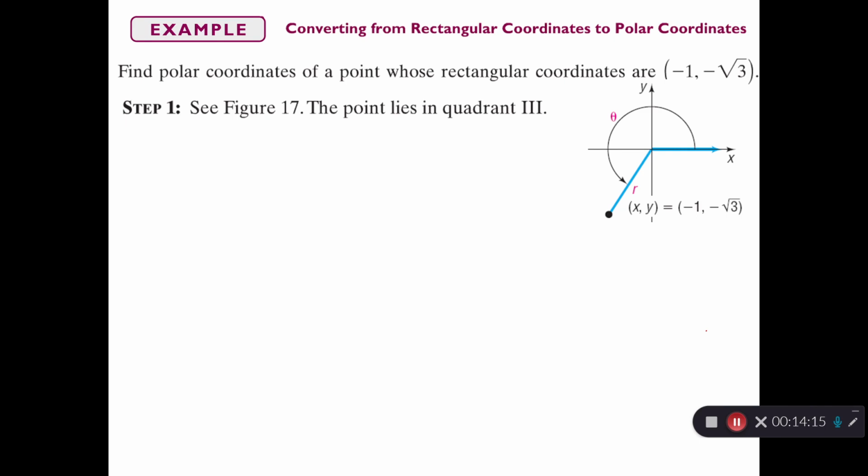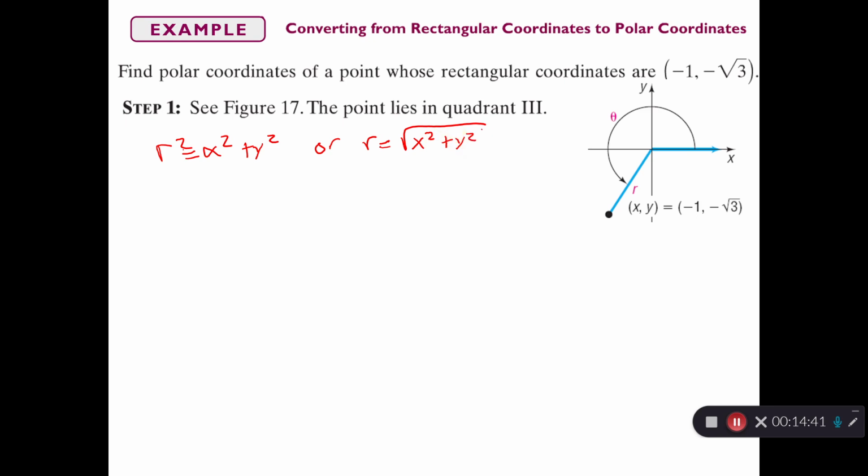All right, so, next thing we need is our conversion equations. We have two other conversion equations. We have r squared equals x squared plus y squared, or r equals the square root of x squared plus y squared.